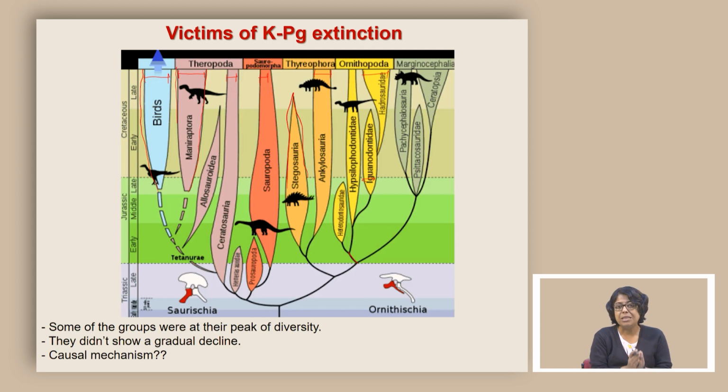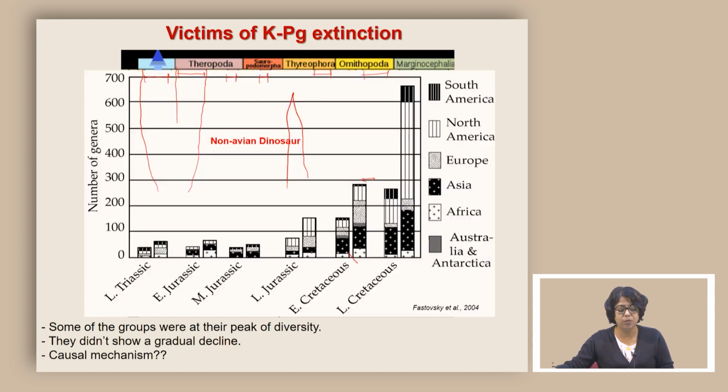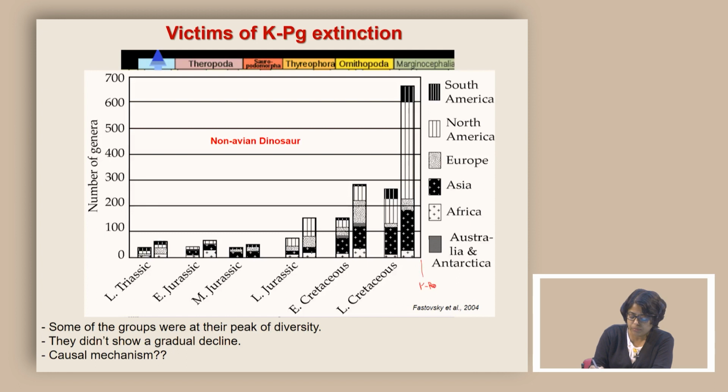Now, if we specifically look at the dinosaur groups and look at how they were changing over time on very specific data, if you look at these ages, this is the KPG boundary that we are talking about. And we are coming from older age.